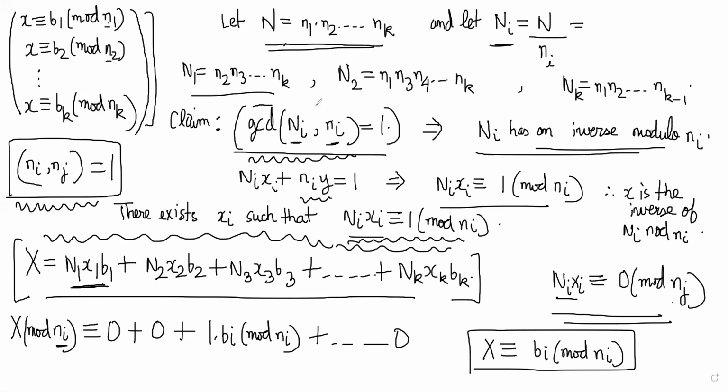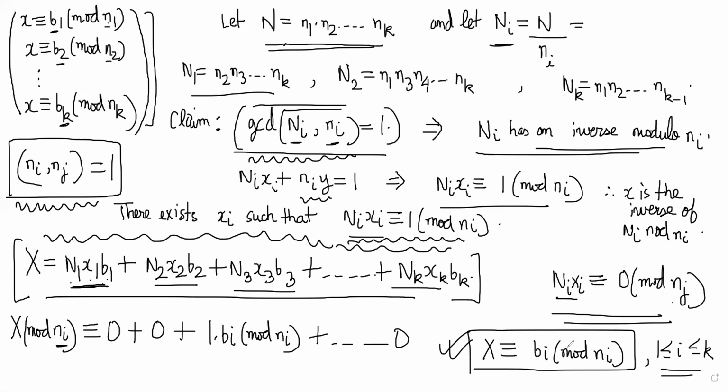Because GCD of Ni and small ni is 1, therefore the inverse of Ni exists, and those inverses are called xi. So you find all the inverses and construct the new number N1 x1 b1, where b1 is from the remainders here, N2 x2 b2, N3 x3 b3, and so on. The sum of those is your solution, because that clearly satisfies X is equal to bi mod ni for i goes from 1 to k.